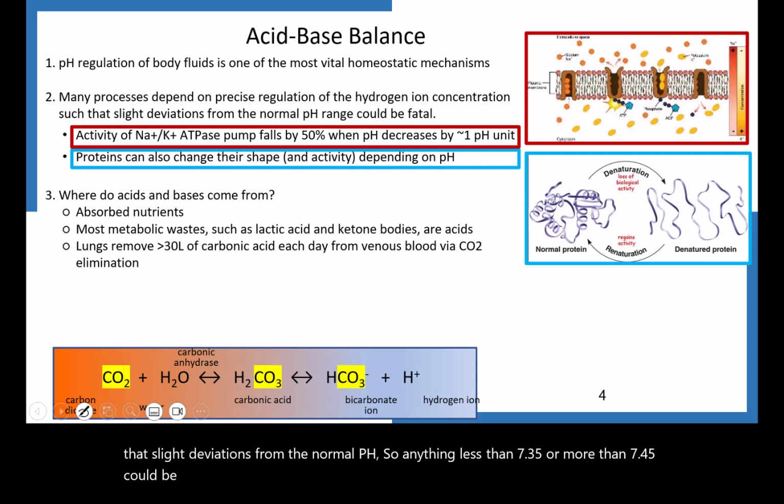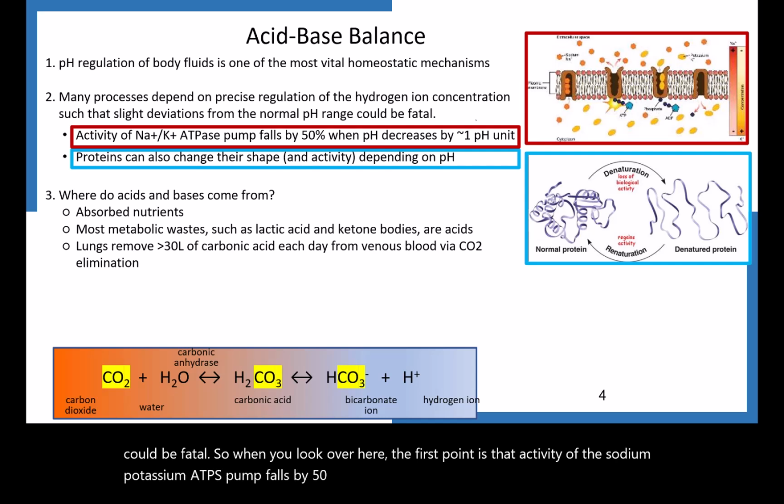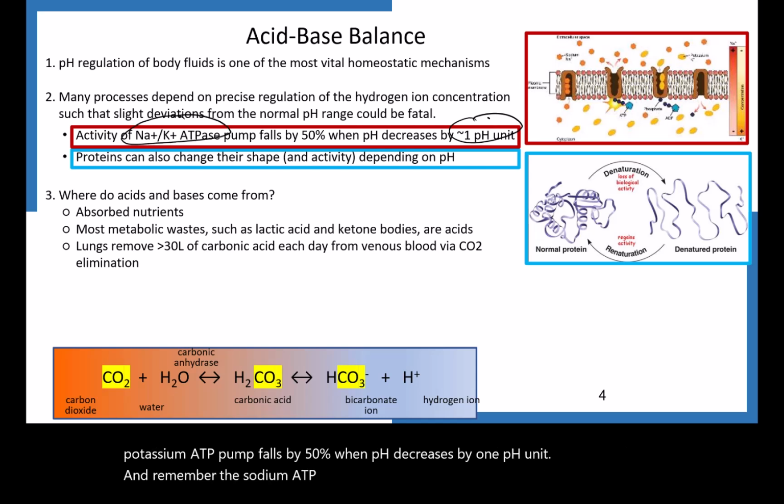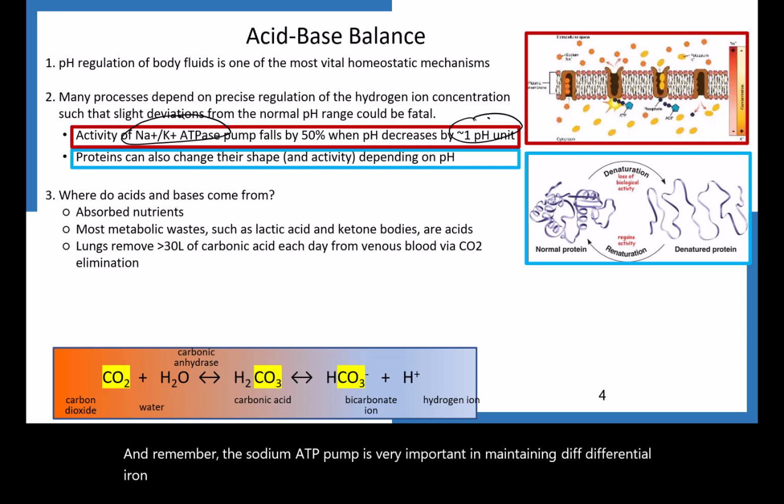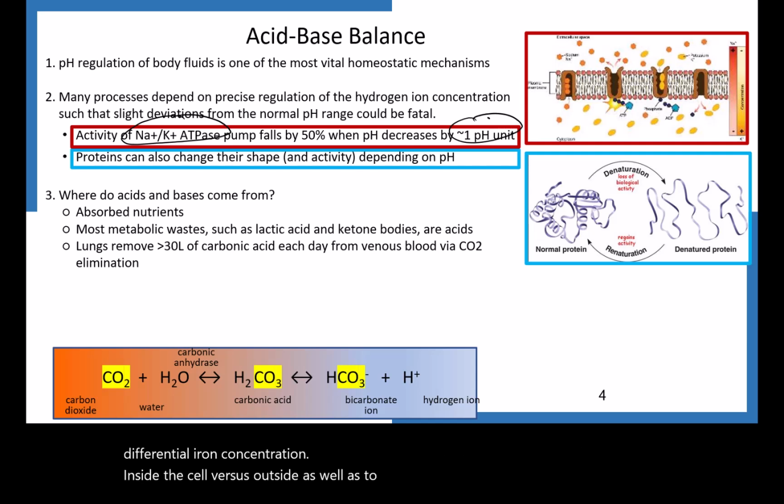So the first point is that activity of the sodium-potassium ATPase pump falls by 50% when pH decreases by 1 pH unit. And remember, the sodium-potassium ATPase pump is very important in maintaining differential ion concentration inside the cell versus outside, as well as to ensure that nerve function remains healthy.